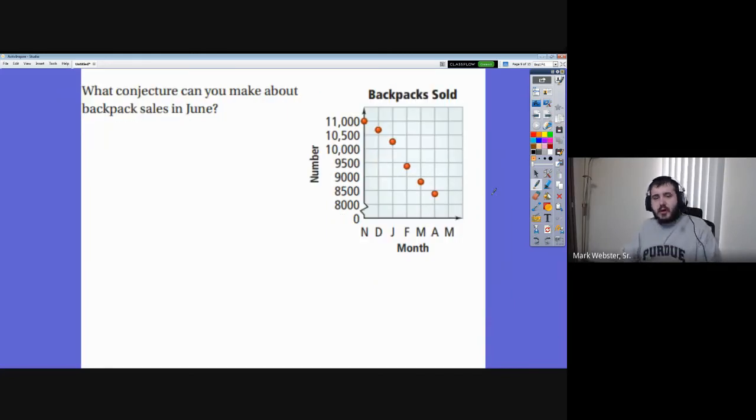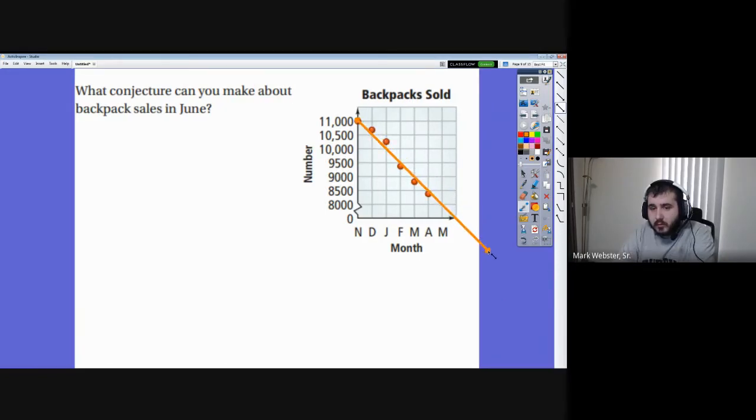Same picture. Now they're talking about June. If you had to guess, and I want y'all to put it in the chat, what would you think the answer is going to be for the number of backpacks in June that they can sell? And once again, if you go through and you try and line it up with the dots the best you can to get as close as possible, we can tell that it's going down roughly 500 per.